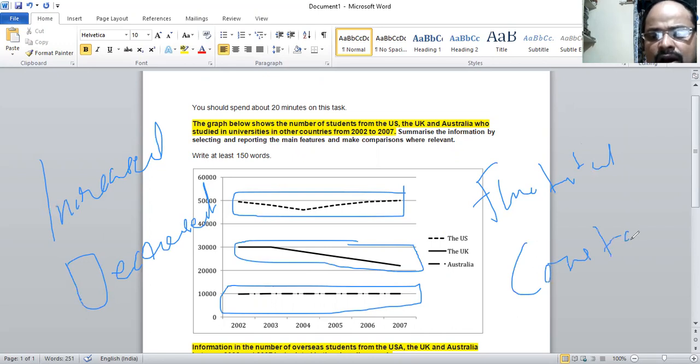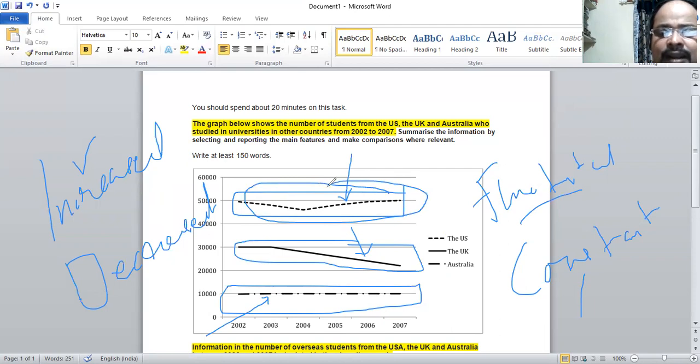We have four things here. One is increased: here we can see an increasing figure. Decreased: here we can see a decreasing figure. Constant: we don't have any change here. And fluctuated: as a whole, you can see fluctuation in the number of students from the US who went abroad.